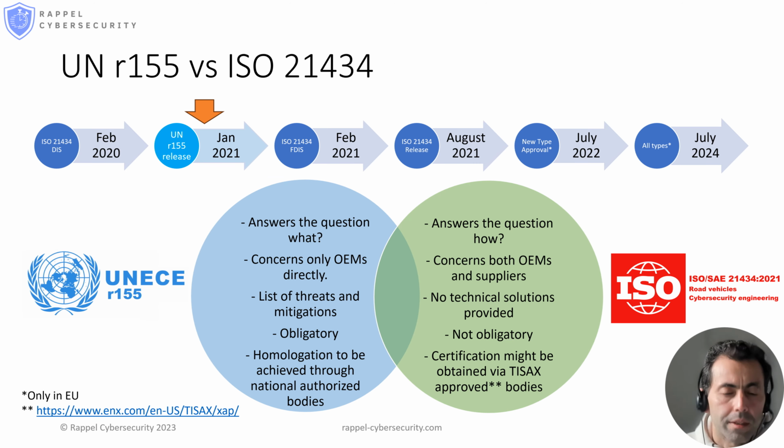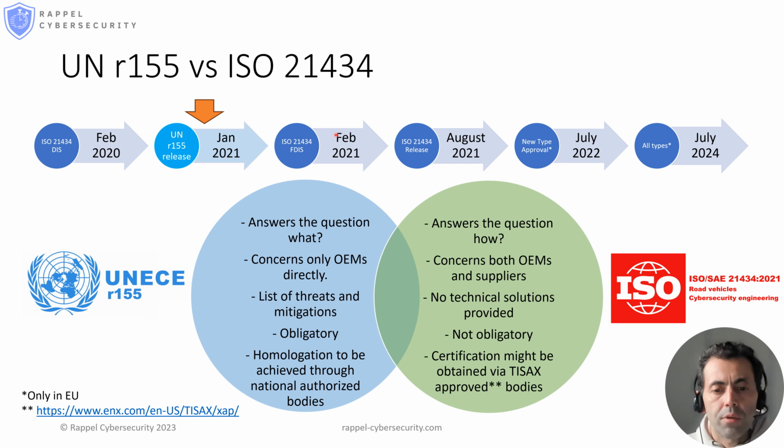Now let's talk about the differences and common points between the UNR 155 regulation and the ISO 21434 standard. On the top of the page, you can see the timeline of important events before and after the publication of the regulation. At the time when UNR 155 was released, which is January 2021, only the early version of the ISO standard was available, which is, as you see, the DIS.